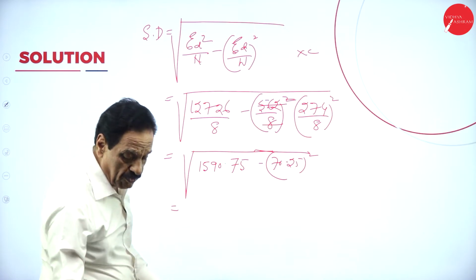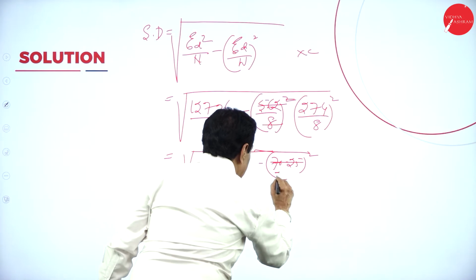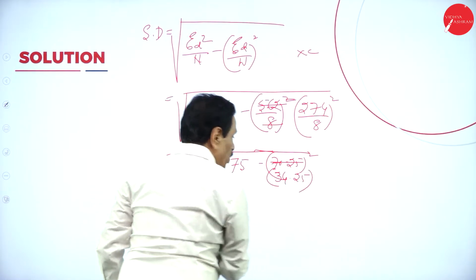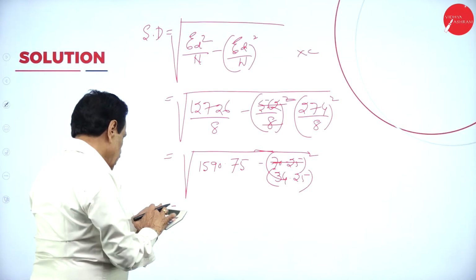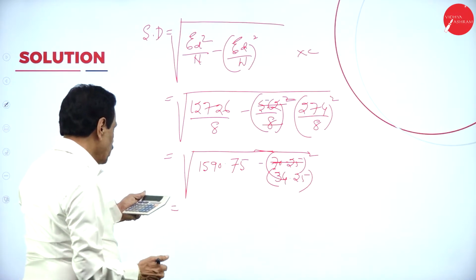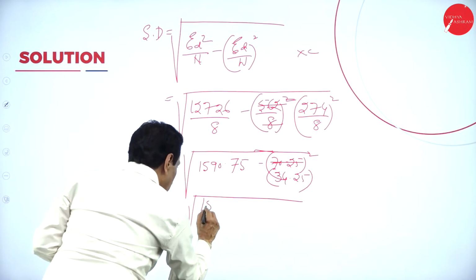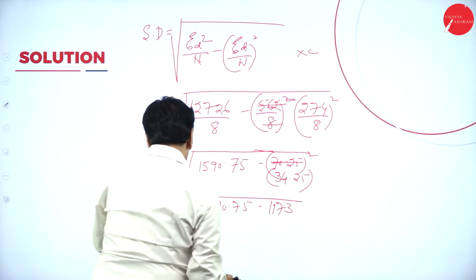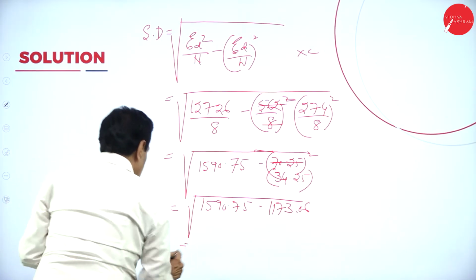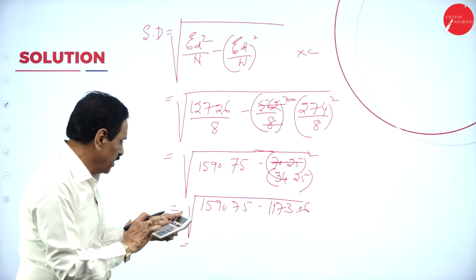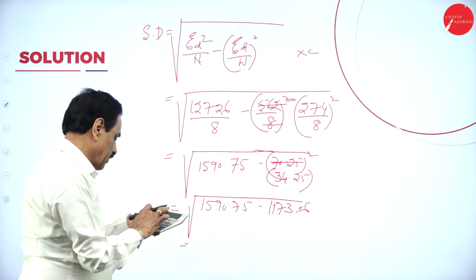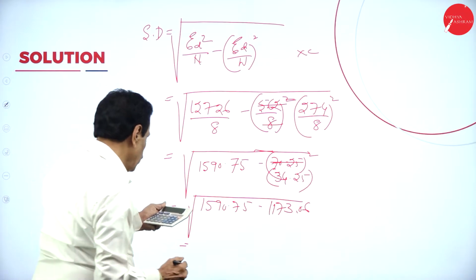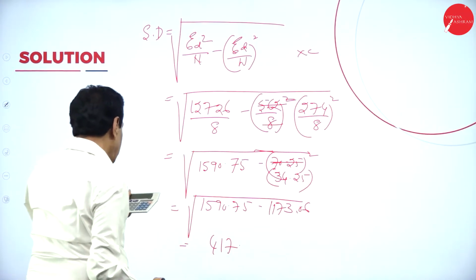It is equal to 34.25. 34.25 whole square, 34.25 into 34.25, 1173.06. 1590.75 minus 1173.06 is equal to 417.69.